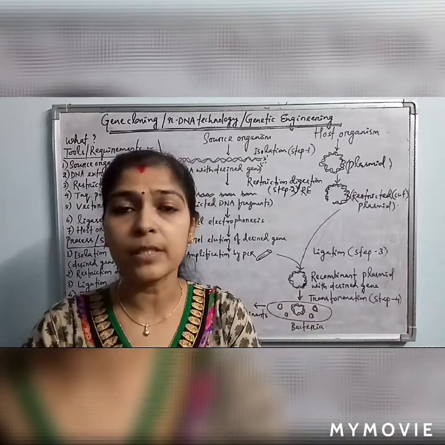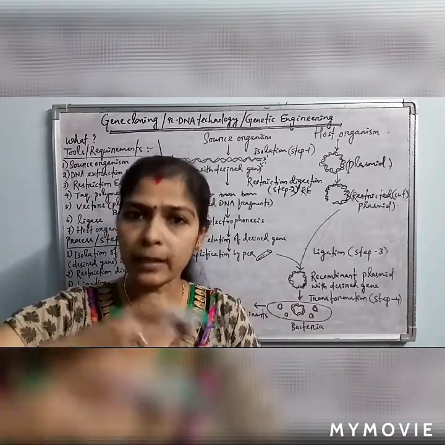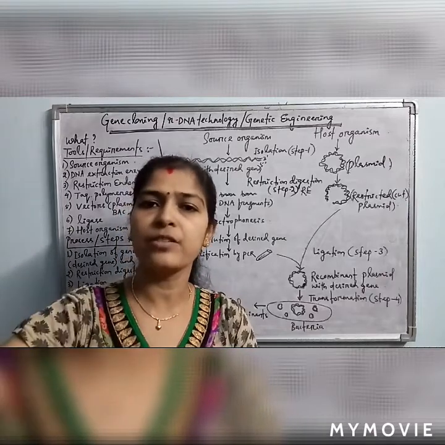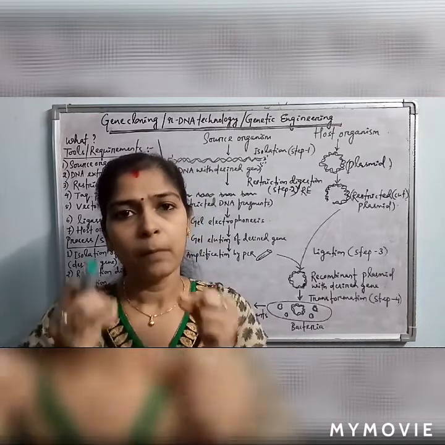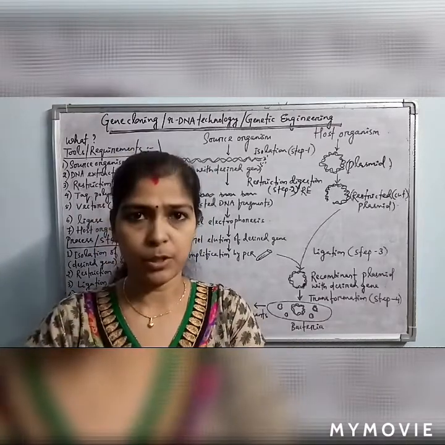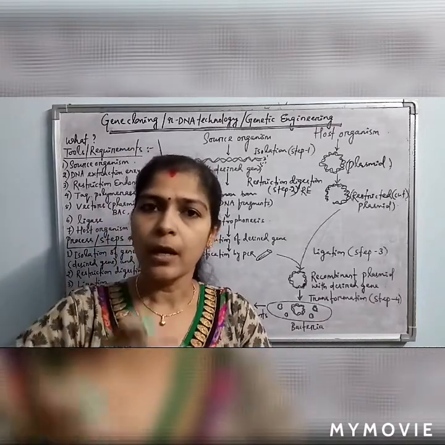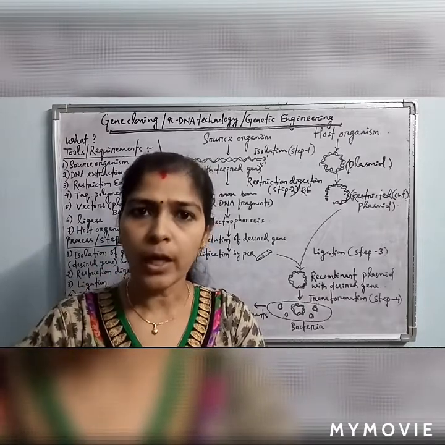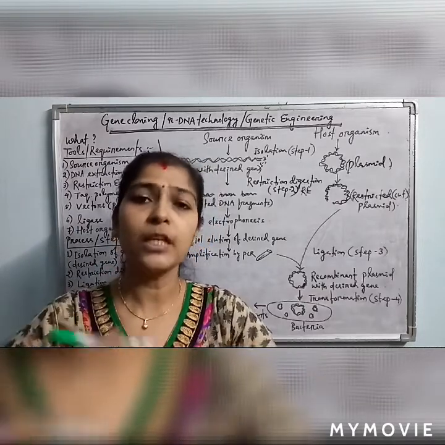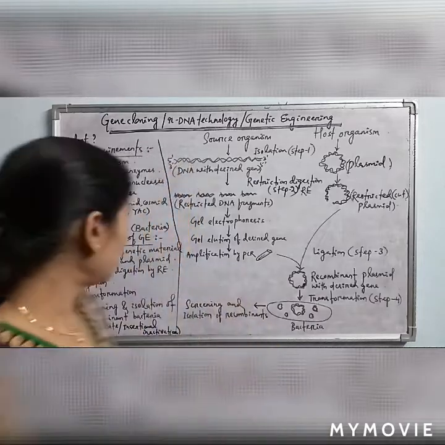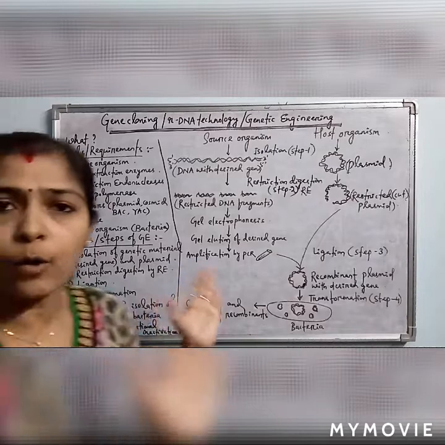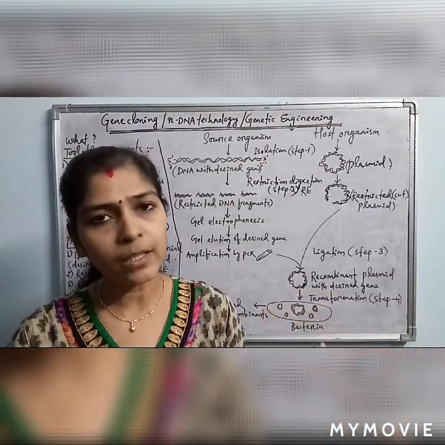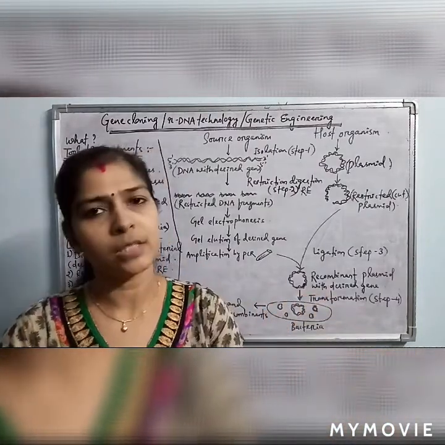We need the bacteria with the recombinant plasmids only, because in the recombinant plasmid there will be the desired gene which we need to be multiplied. So this is called the screening and isolation step. We have to separate the recombinant transformed bacteria from the non-recombinant transformed bacteria.